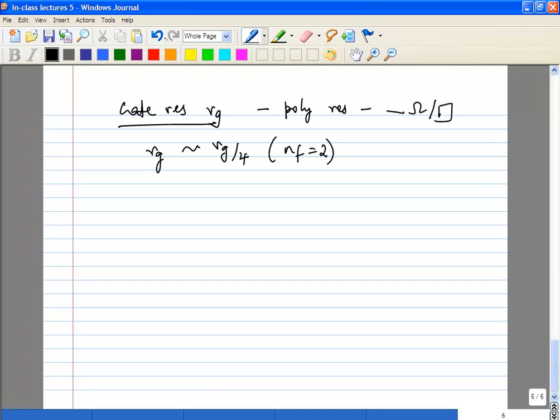Typically you define it as a sheet resistance. So in general it would be proportional to 1 over the number of fingers. That is normal. It will be some function of it, inversely proportional to that.